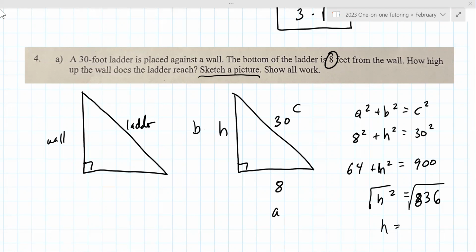Do you understand what I'm asking you to do? Yes, I know what I'm doing. I mean, you just have to grab a calculator. Yes, I'm doing it.